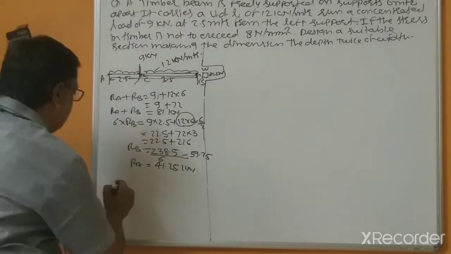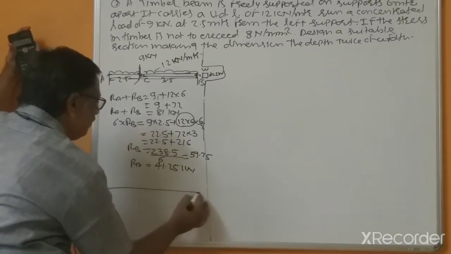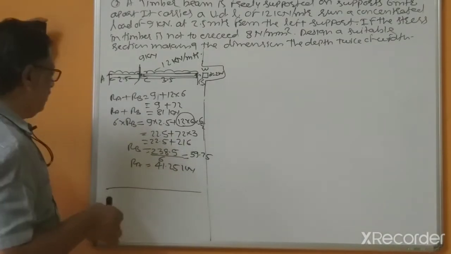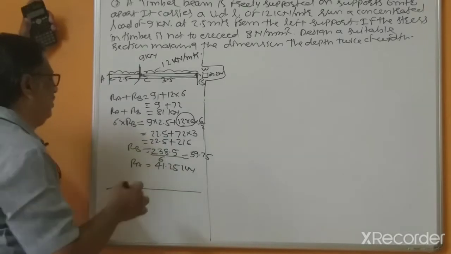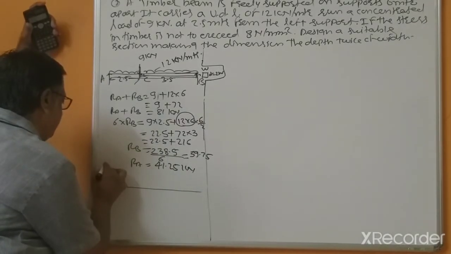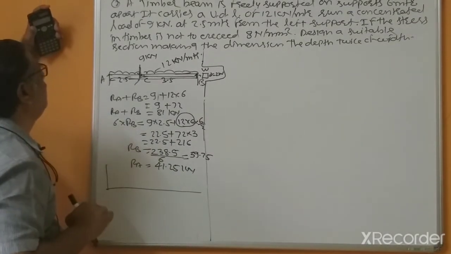So first I will draw the shear force diagram. After that we can see where the maximum bending moment is. So RA is 41.25, suppose this is 41.25.